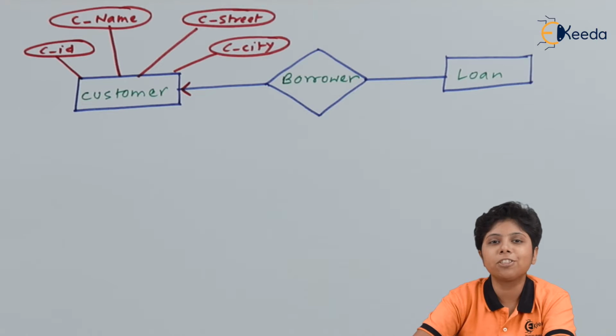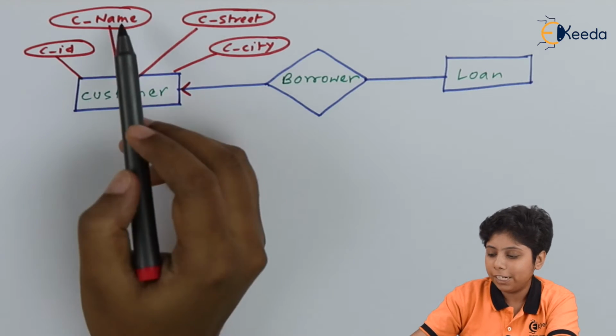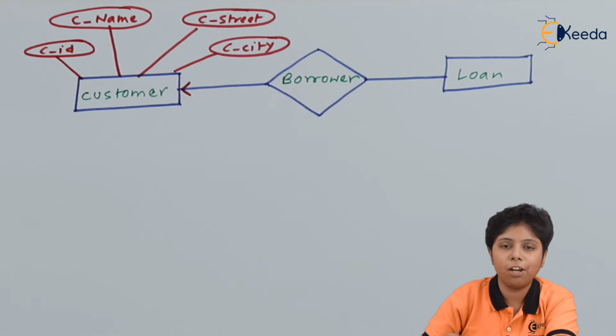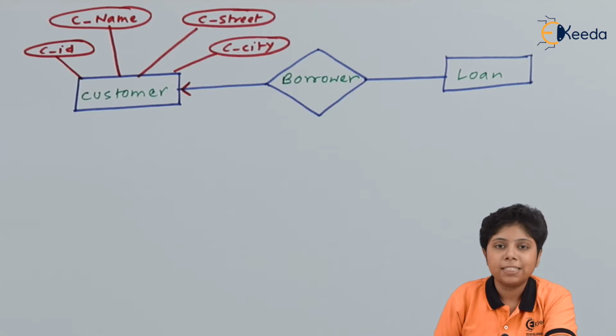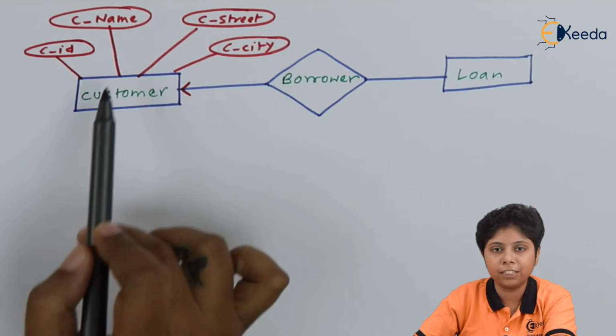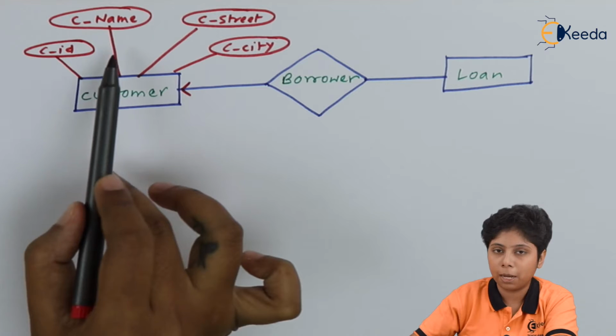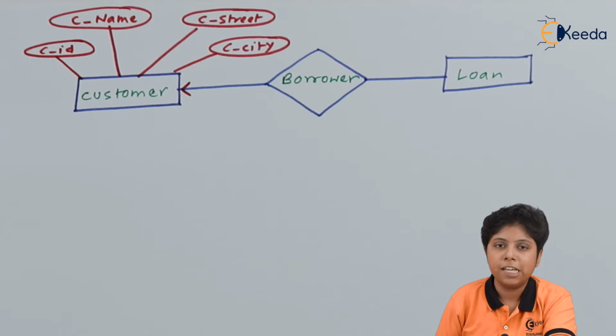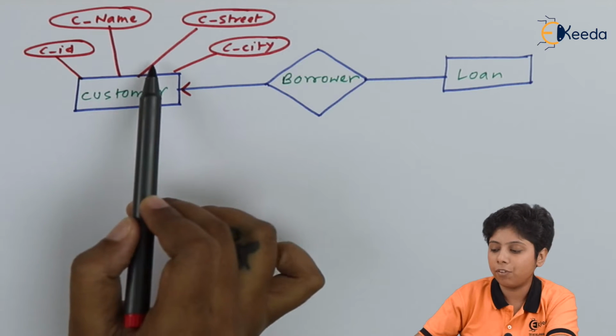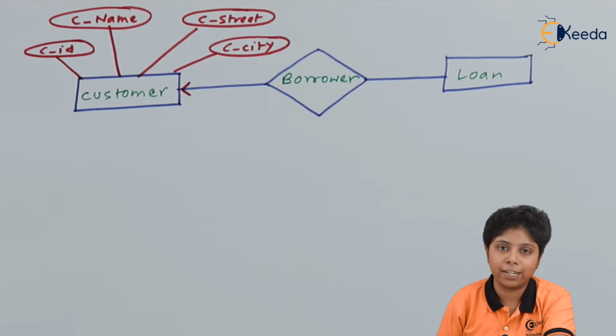So the attributes to the customer are the name, ID, street and city of the customer relation. For the designing part or the drawing part, it is always advisable to put all the attributes on either side of that particular relation. We can use either the upper side or the lower side. It is not advisable to put the attributes in a jumbled manner, like on both the upper and the lower side.